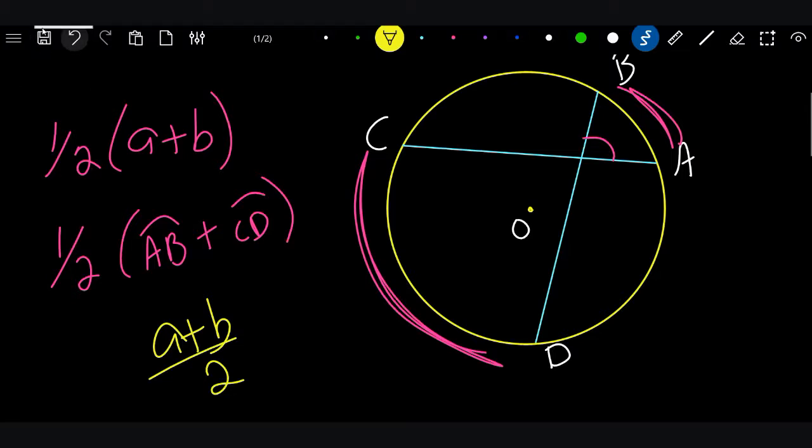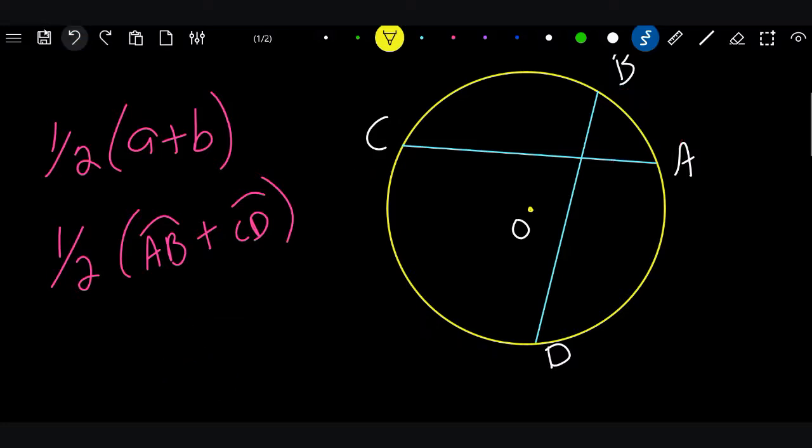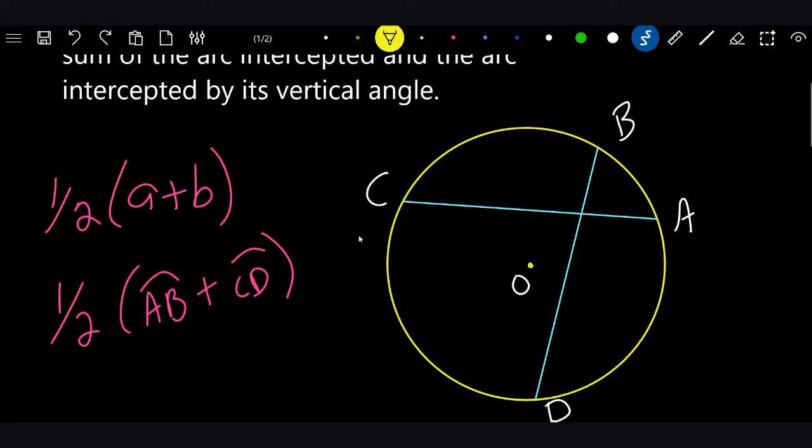So there you go. Let's plug in a number and see how this is going to work. I'll leave our formula here. Let's say that the intercepted arc, again, we're looking for this angle right here. So let's say that arc AB equals, let's see, 30 degrees.